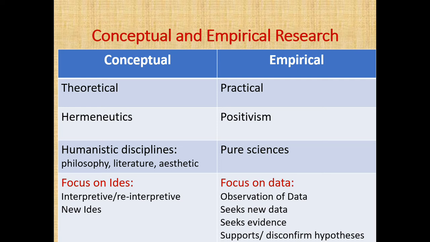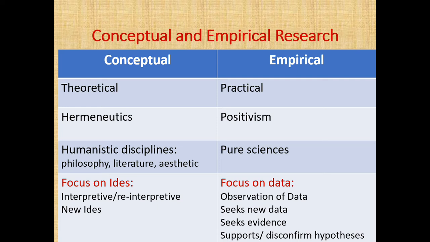Conceptual research belongs to hermeneutics, that is the explanation or interpretation of a phenomenon, whereas the empirical research focuses on positivism, which is again the focus on the doing side and not the thinking side.